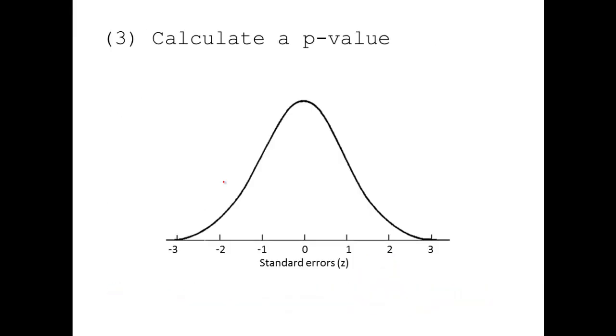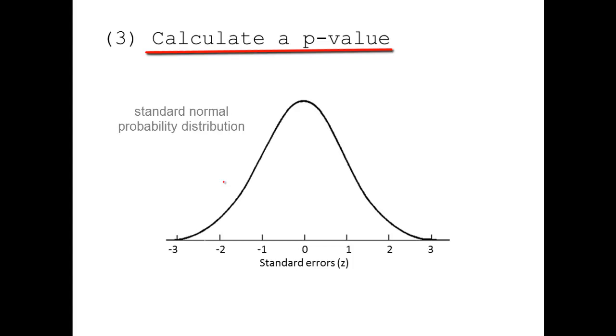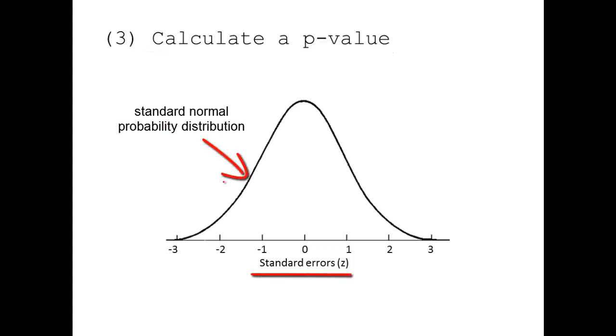So we now get to the exciting part. We compare our test statistic with the sampling distribution of the test statistic under the null hypothesis to calculate our p-value. As we said in our example, we use the Z distribution, or standard normal distribution. And you've seen this before, it looks like this. So the area underneath this curve between two Z statistics represents the probability of obtaining a Z statistic, or a test statistic, within that interval.